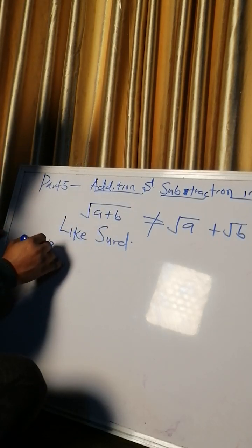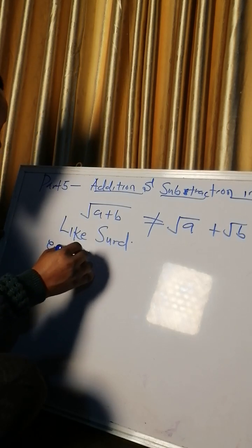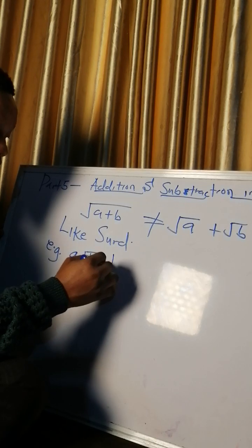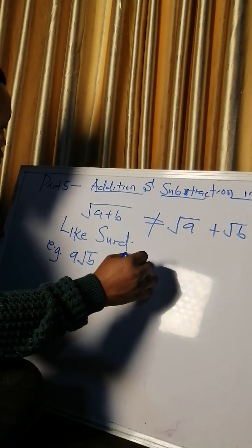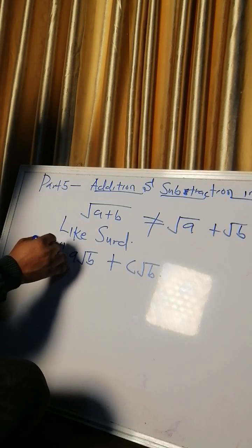What I mean by like sort is that if you have a square root of b, you can add it with c square root of b. That is the meaning of like sort. So that is example number 1.